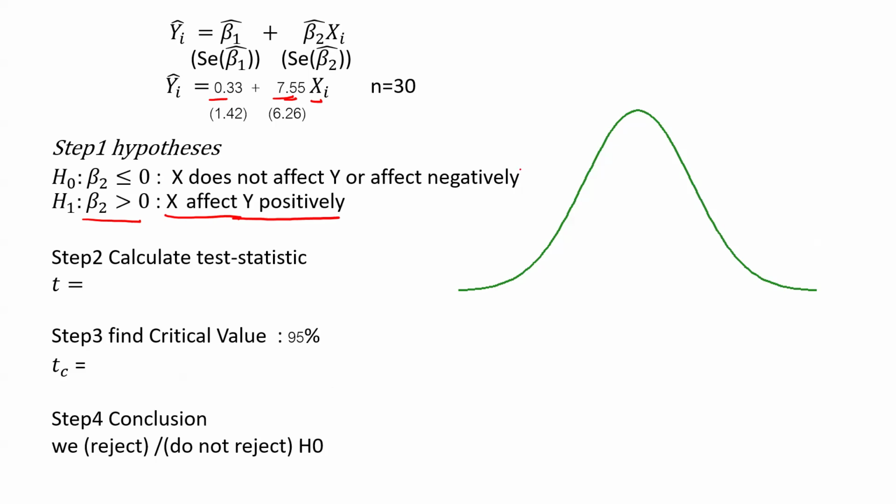Answer me, one tail or two tail? One tail, good. Greater, no equal sign, right? So you go to H1 and then pair it with H naught: beta 2 less than or equal to 0, or verbally, X does not affect Y or affects negatively.